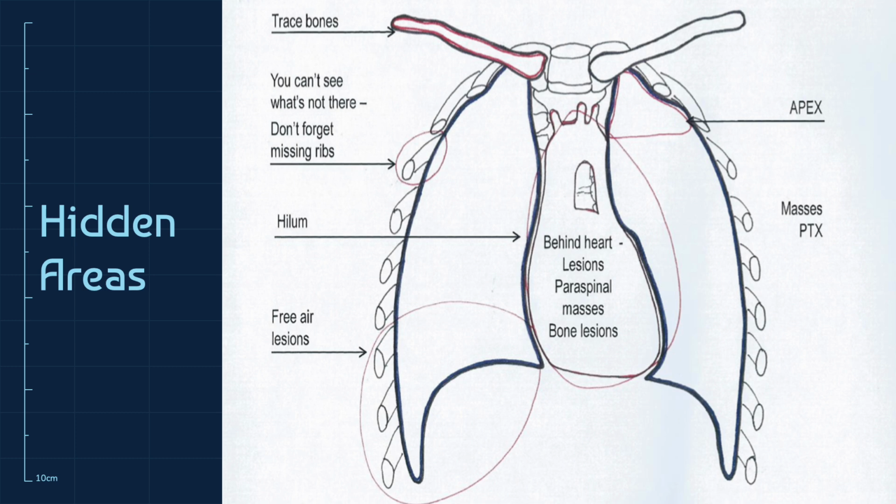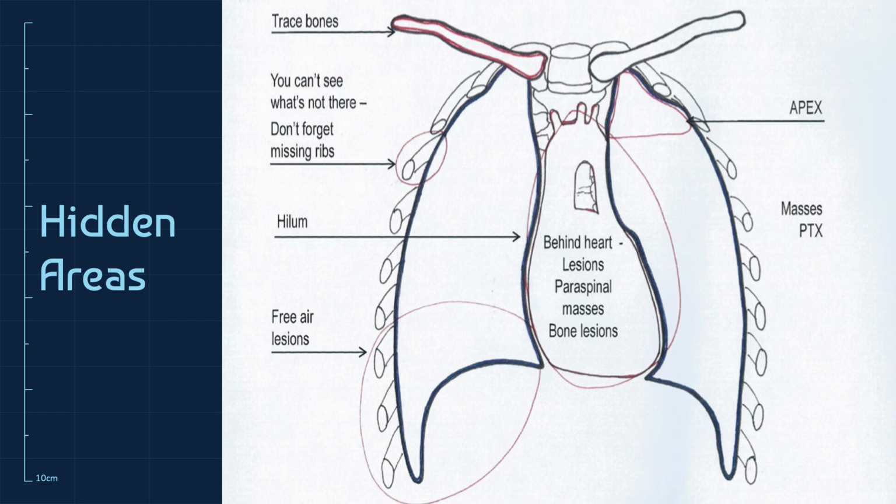So if there's any growth behind the heart or around the heart or mediastinum, it might be slightly more difficult to notice. And other common difficult or hidden areas to always look for include the apex. The apex of the lungs is usually covered by a lot of bone and it is hard to determine whether there's any growth or changes.